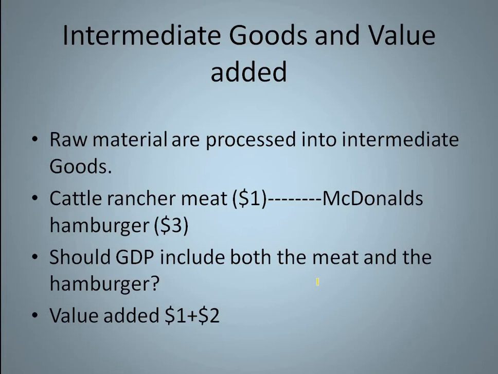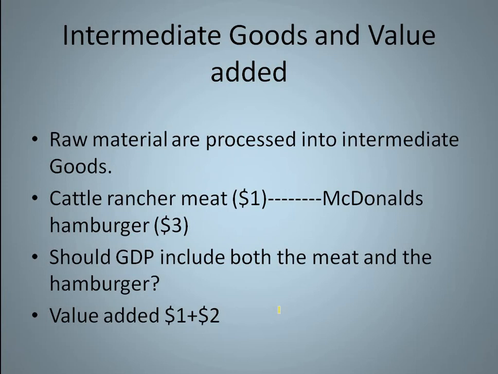Why? The reason is that the value of the intermediate good is already included as part of the market price of the final good in which it is used. To add the meat would be counting it twice. Hence, GDP is the total value of final goods and services produced.